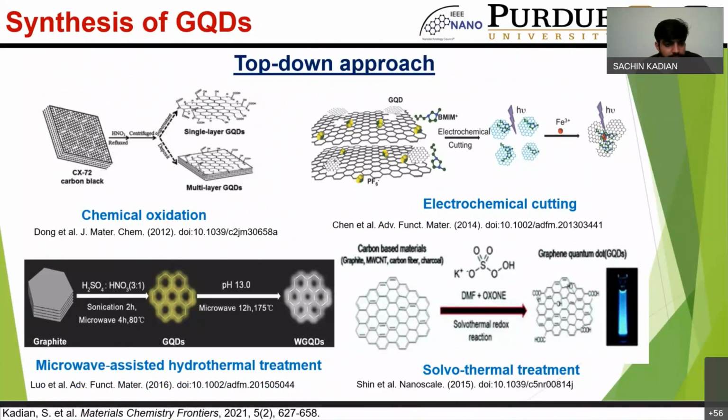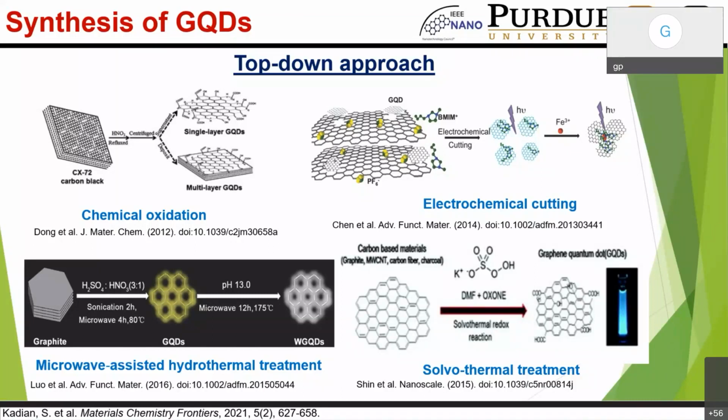Also with sulfur-doped GQDs, right? Yes. Sir, I am intrigued to know, since graphene sheets are already reported as toxic, right? Yes, you are right. The large graphene sheets are, yes.